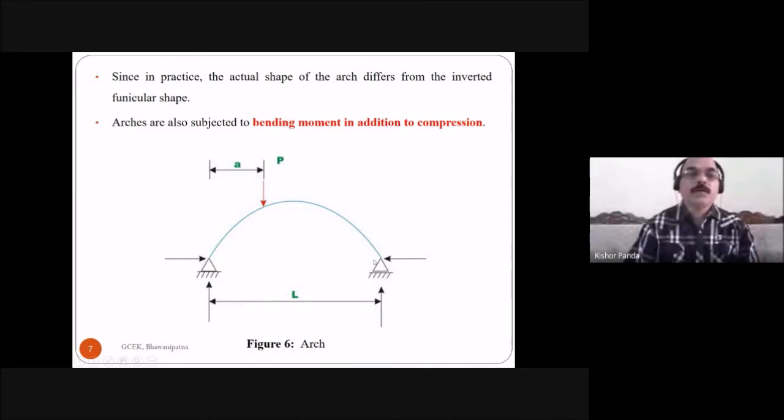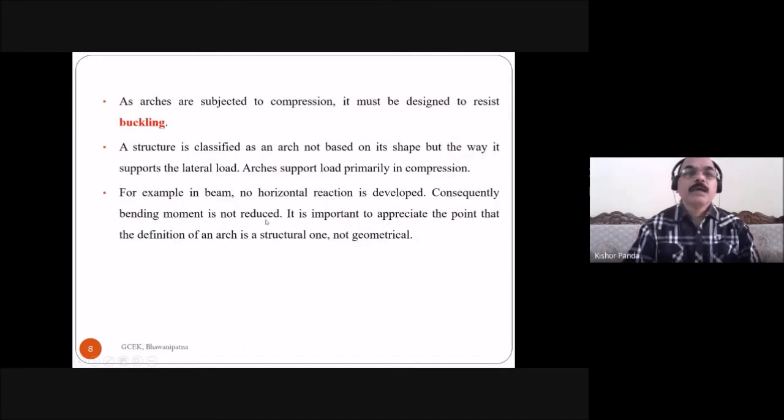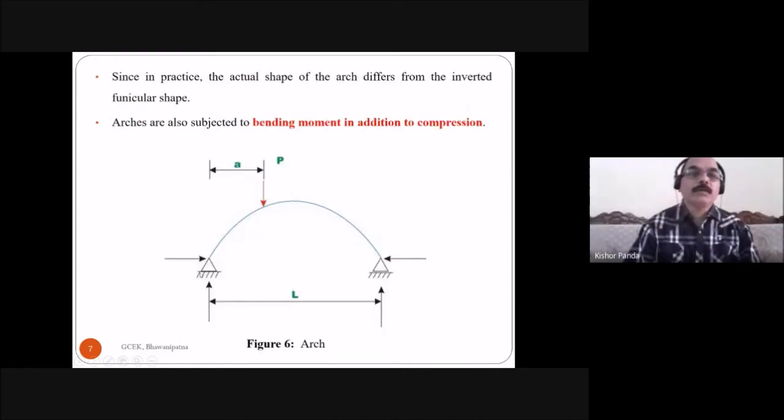So the arch resists the compression and also resists the bending moment. As arches are subjected to compression, they must be designed to resist buckling. So always for any compressive force, you have to consider the buckling design.